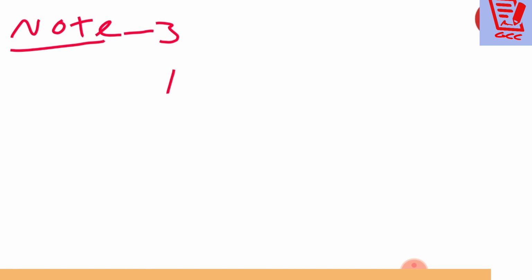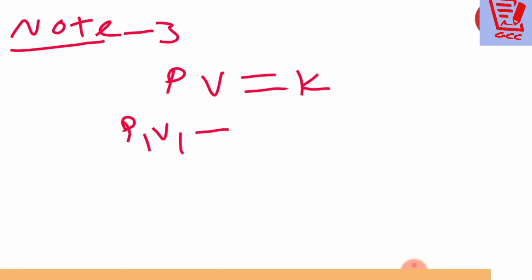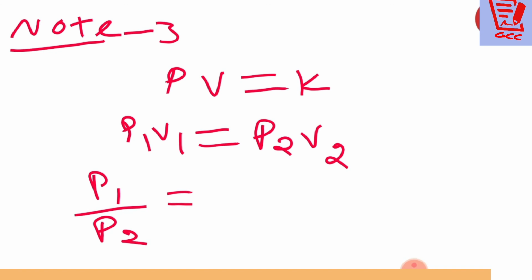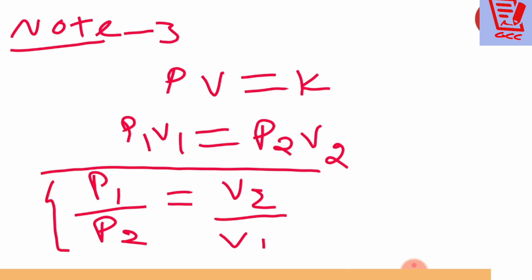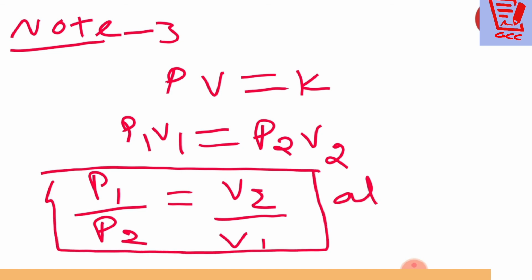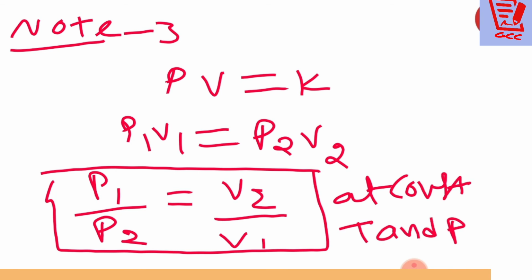As we know very well, PV is equal to K. So then we can write P1 V1 is equal to P2 V2, or we can write P1 upon P2 is equal to V2 upon V1 at constant temperature. I hope you all are getting my point. This is all about Boyle's law.